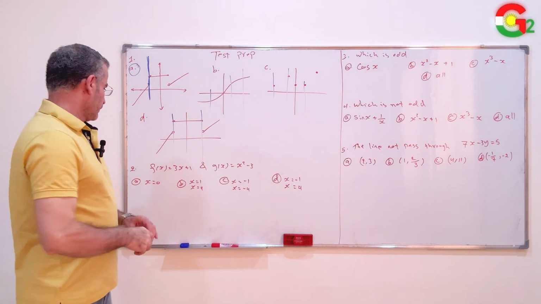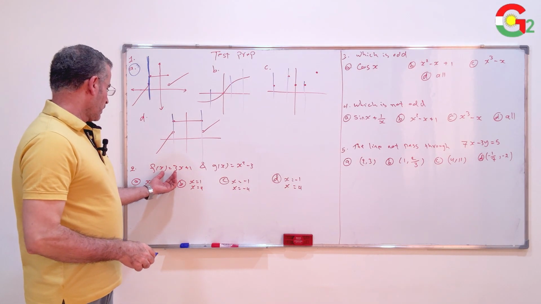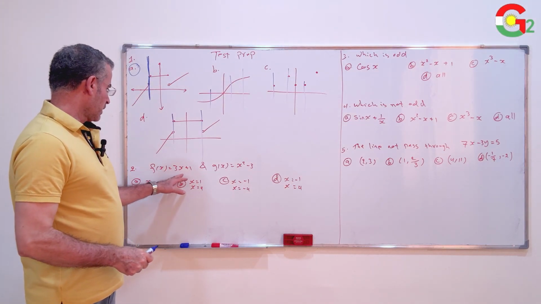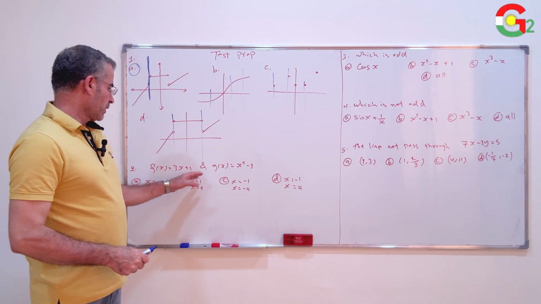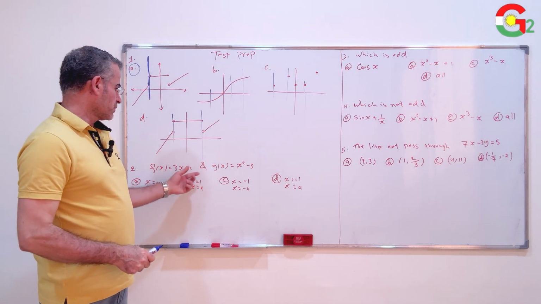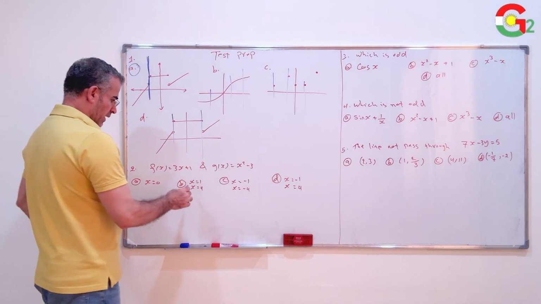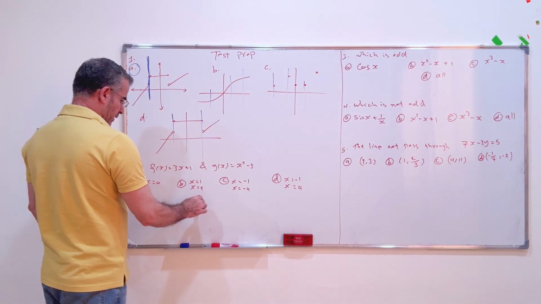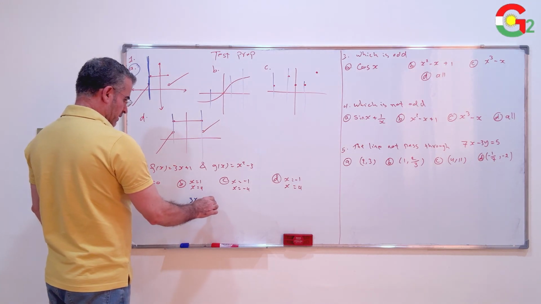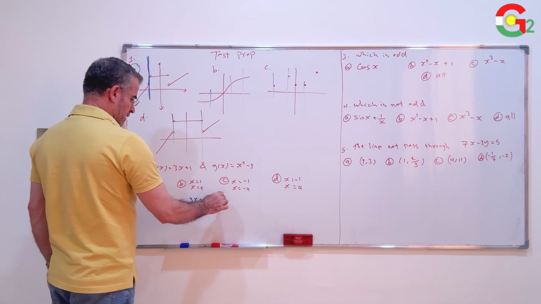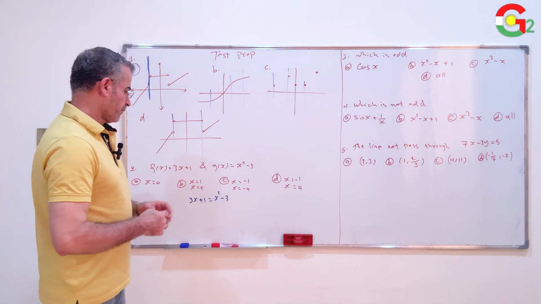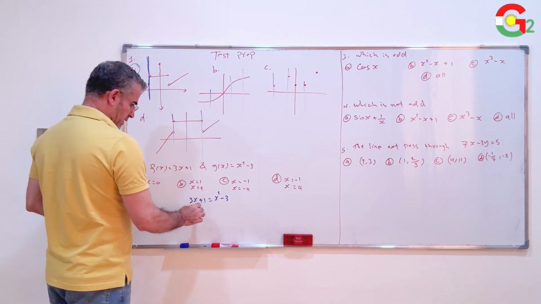Question number 2. What is the x coordinate of the intersection of these two functions? To find the x coordinate, I set f of x, 3x plus 1, equal to g of x, x squared minus 3, and solve this equation to find the point of intersection.